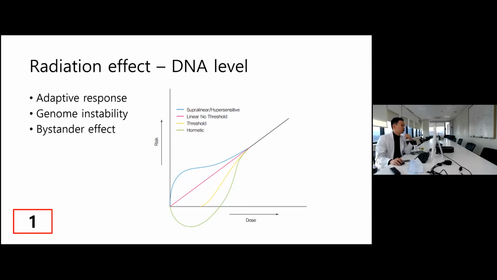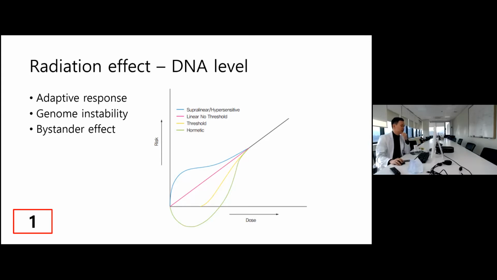However, for genomic instability, a low dose can have a higher risk because of such epigenetic responses of the DNA. Although there is no direct effect in the DNA, in the later stage it can come out, so it can show a higher risk.